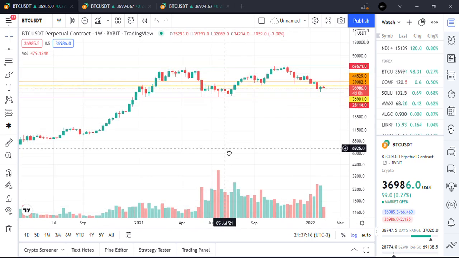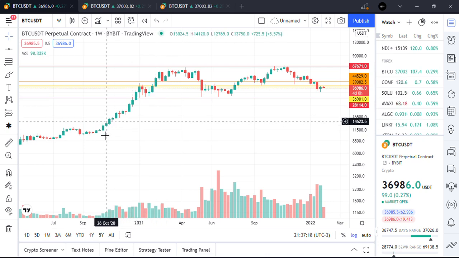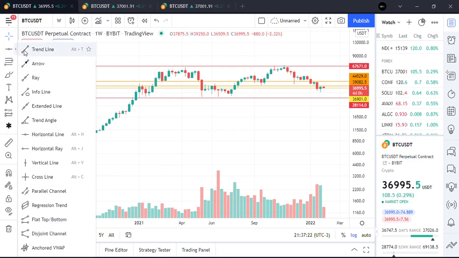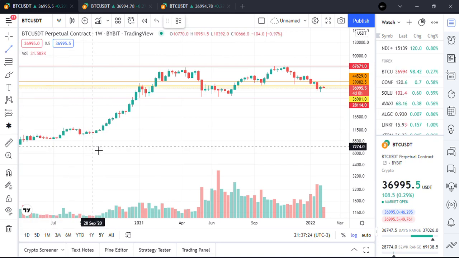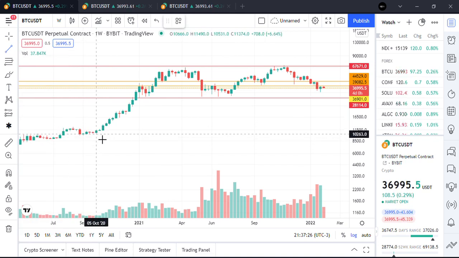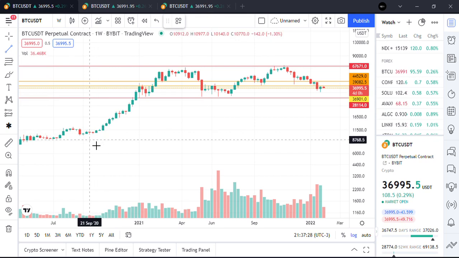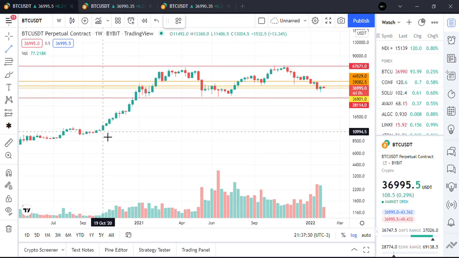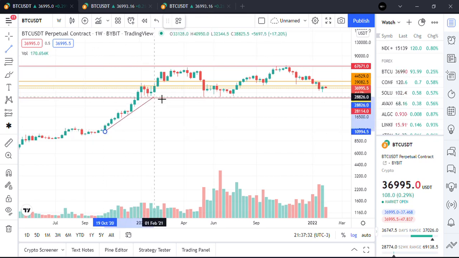Okay, let me draw a trend line for you. I see this as a trend line. Price kept on moving to the upside.